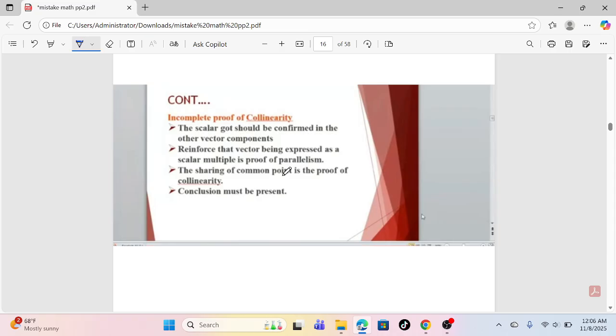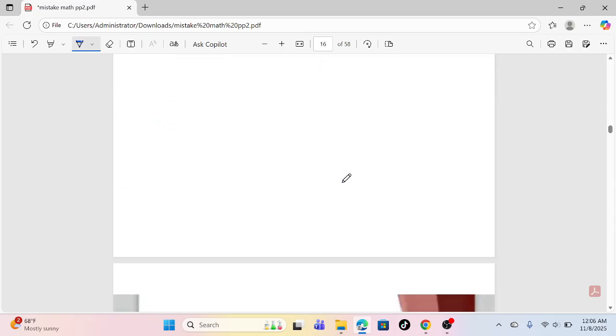Reinforce that a vector being expressed as a scalar multiple is proof of parallelism. The sharing of a common point is the proof of collinearity. A conclusion must be present.